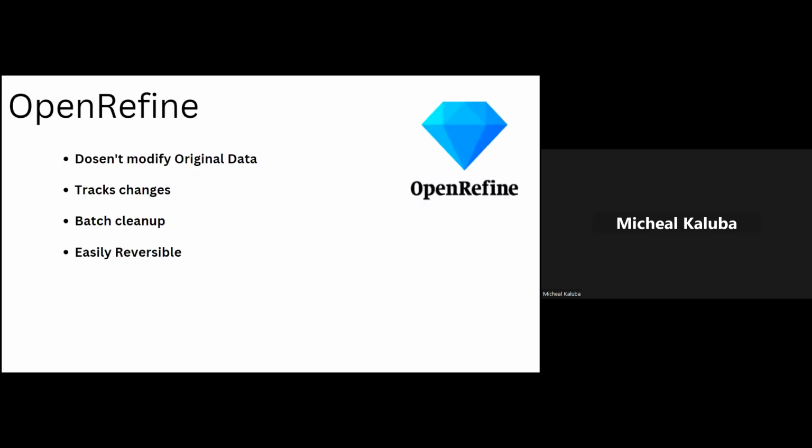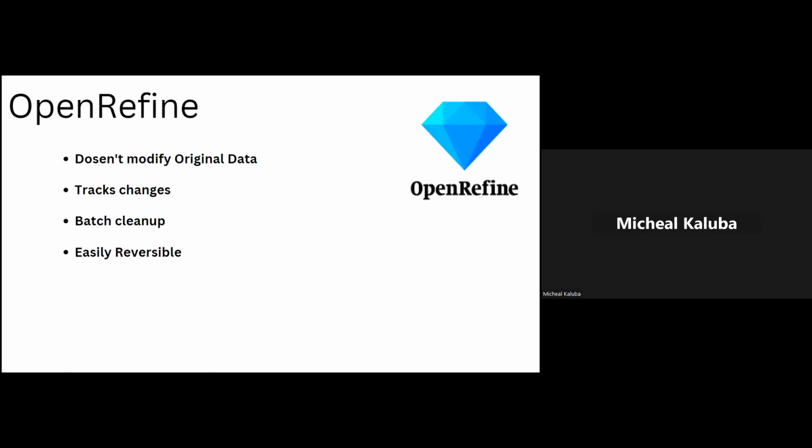These are some of the characteristics, or some of the things you need to know about Open Refine. Open Refine does not modify original data. In other words, it is not an AI that can help you identify the errors by default. So you have to know exactly what you're supposed to be doing. It tracks your changes, and it can work on a batch.